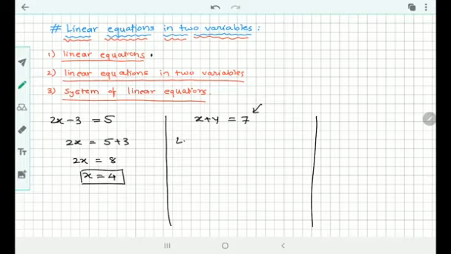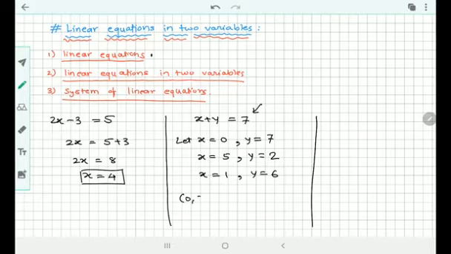For example, let x equals 0 give you y equals 7. x equals 5 gives you y equals 2. x equals 1 will give you y equals 6. And I remember you used to plot the points like (0, 7), (5, 2), (1, 6).